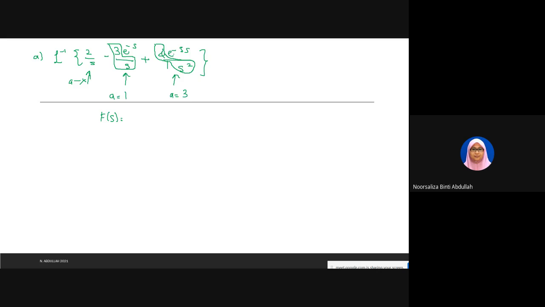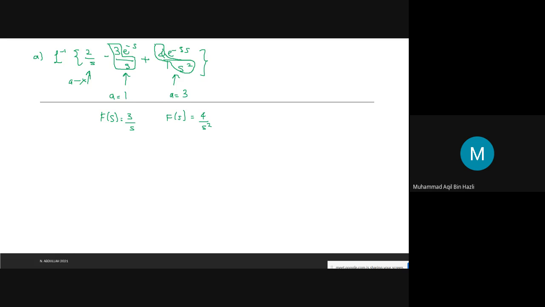So jangan guna exponent dah. Ambil yang selebihnya. Apa F(s) yang tinggal? What is F(s) for this one? 3 over s. And how about this one? 4 over s square.